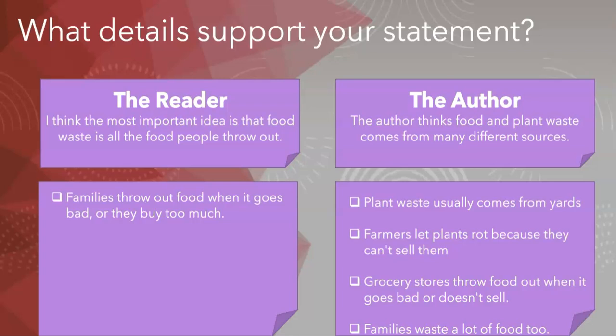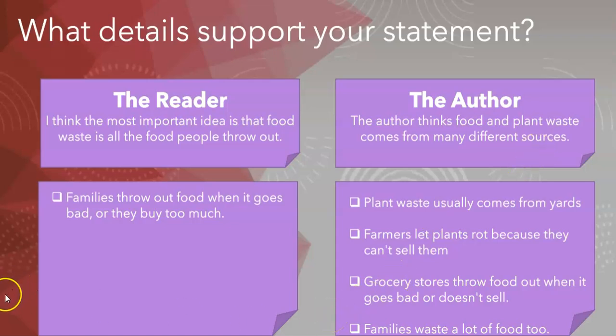Farmers let plants rot because they can't sell them, so sometimes food waste comes from farms. Grocery stores throw out food when it goes bad or doesn't sell. Well, that's another source of food and plant waste. And families waste a lot of food too. So in this one, I see that I have families, grocery stores, farmers, and yards as different sources.